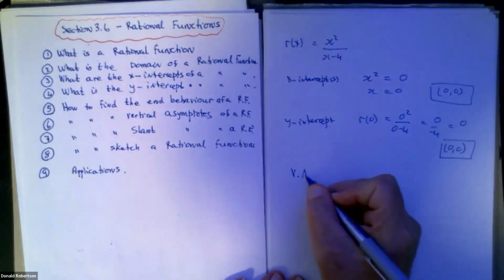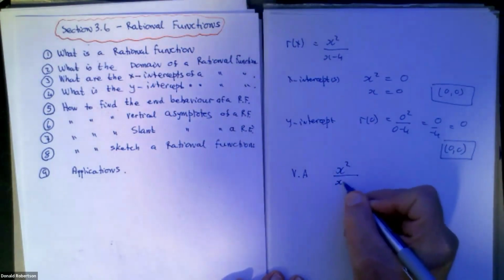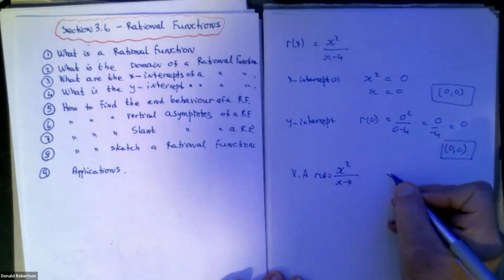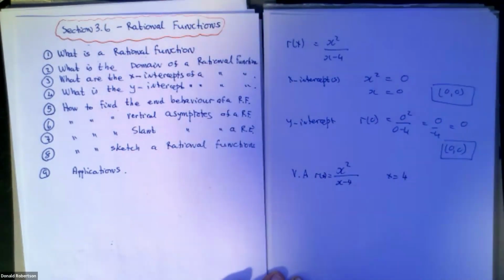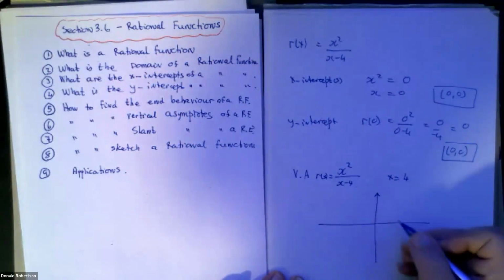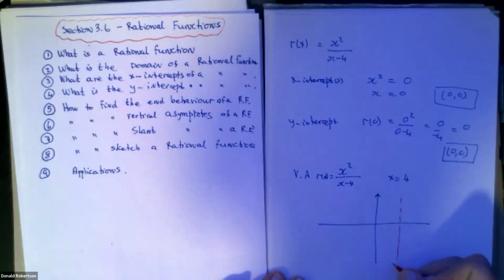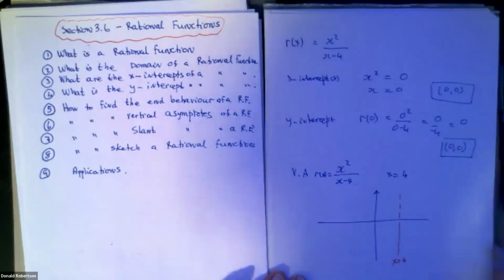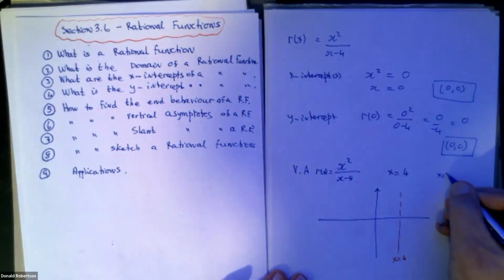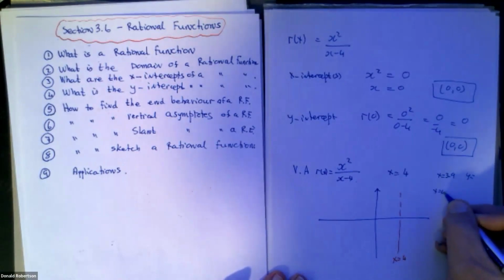Let's do the vertical asymptote now. For this rational function, the vertical asymptote is going to happen at x equals 4. I'll do some test points: 3.9 and 4.1.